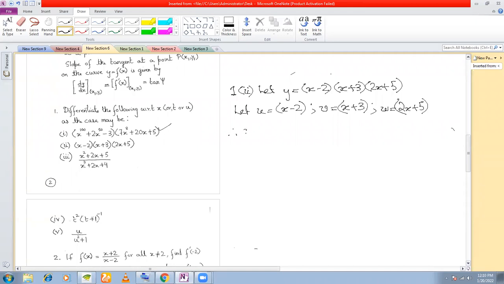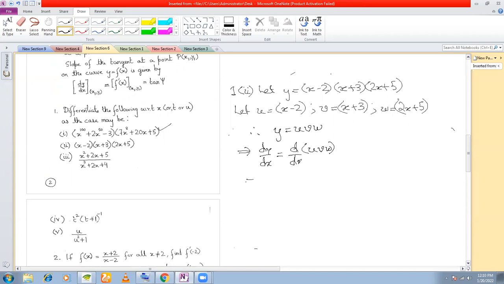So therefore dy/dx, we write y first. Therefore y is equal to UVW. That means dy/dx is equal to d/dx of UVW.